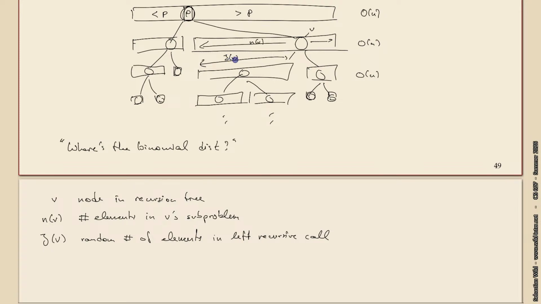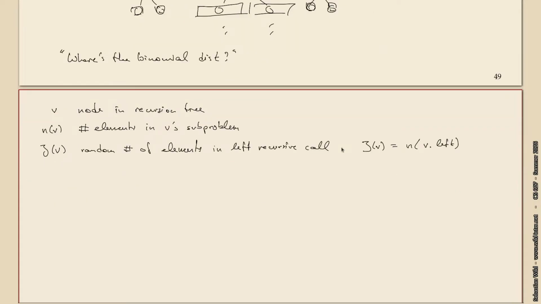The thing is, I want to focus on a single vertex, a single node, for now. So I'm describing these quantities from the perspective of one vertex. Of course, J of V is always the n of V of the left child. That's clear, but I'm trying to make the point here.